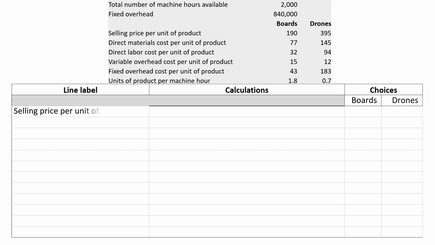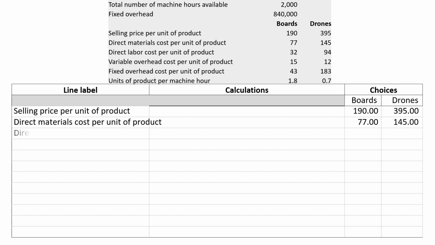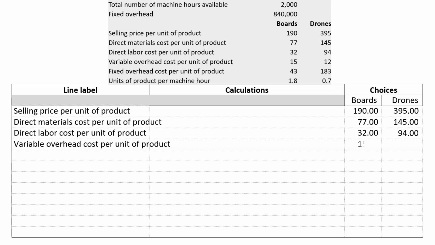Since our data is already in per unit of product amounts, we can take the selling price minus the variable costs. Contribution margin per board is $66 and $144 per drone.